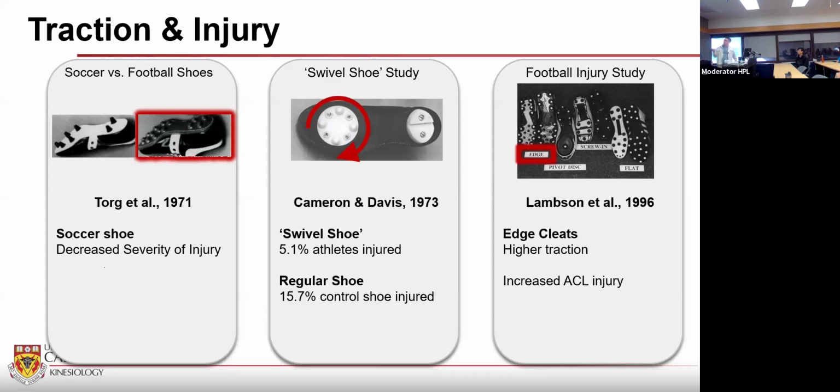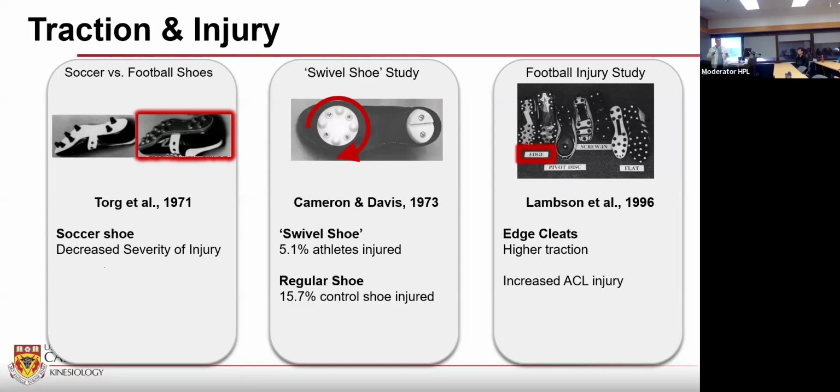And then these edge cleats. So these edge cleats that are highlighted, they have a larger cleat around the, or larger length of cleat around the perimeter of the outsole. And he found that athletes that wore that edge cleat design had a significant increase in ACL injury. And again, this was attributed to the higher rotational traction of those edge cleats.